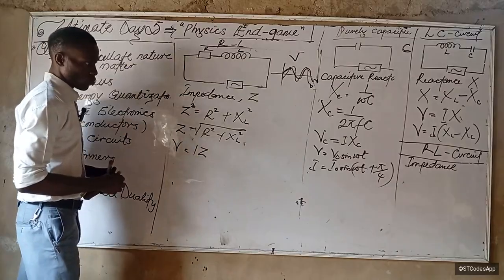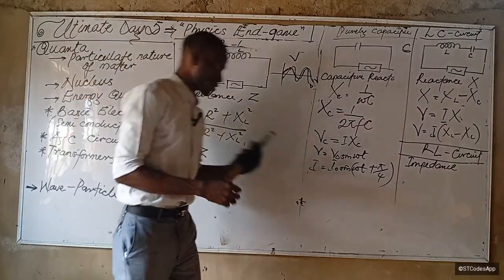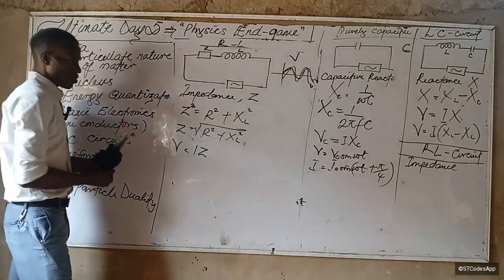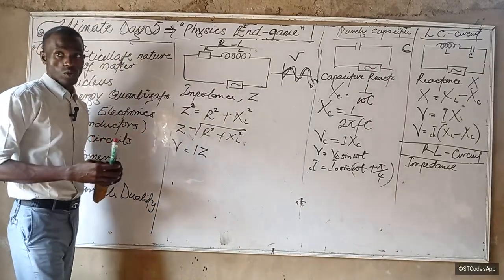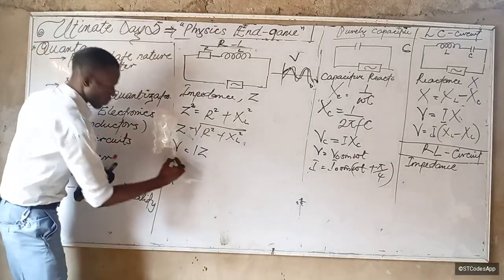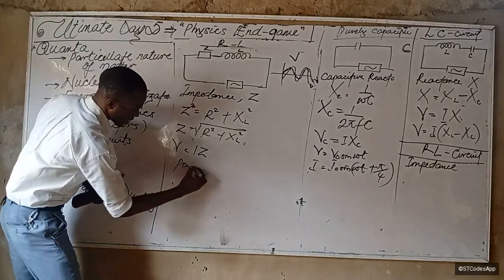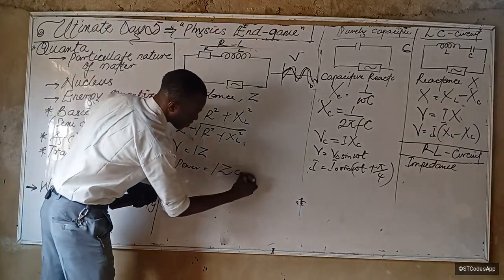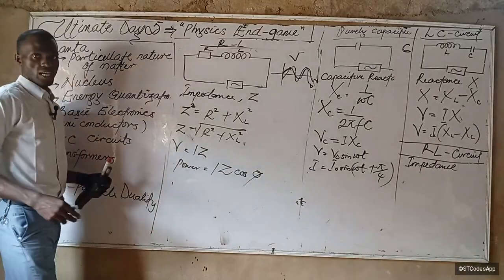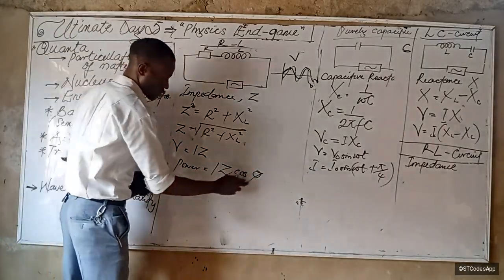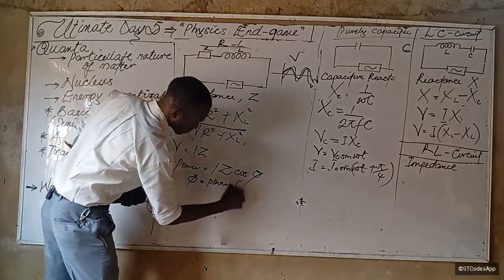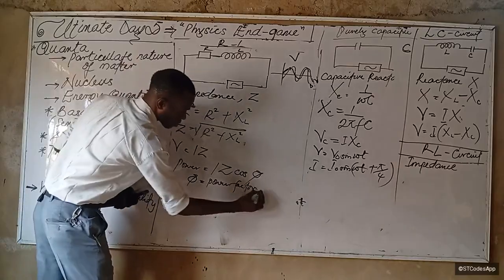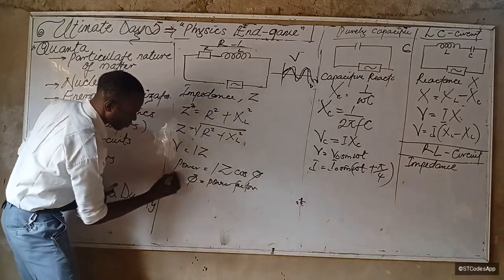Okay, we've not even been considering the power so far, because in this case, there's something called the power factor. Power here is calculated as I Z cos phi.